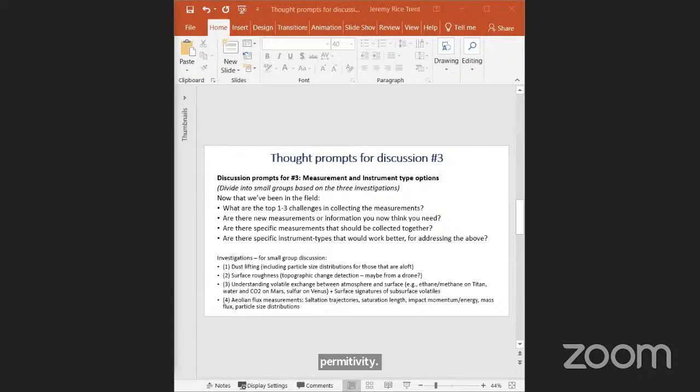We talked about maybe there's remote sensing, like submillimeter sounding approaches that might work. But I guess the takeaway from that was that you'd have much more confidence in your inference of, say, water exchange between surface and atmosphere at Mars if you both measured it somehow in the atmosphere and also from the soil.